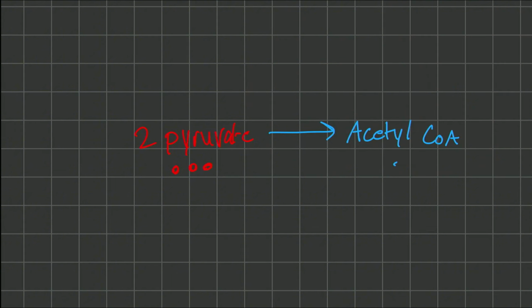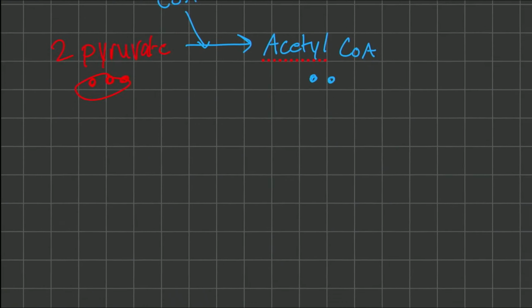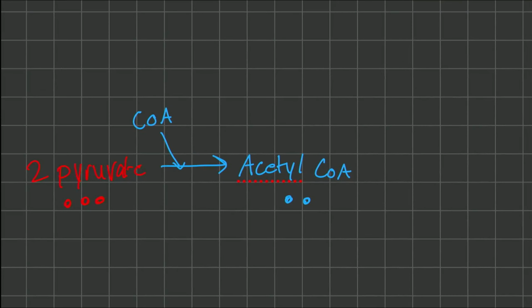In order to do this, the first thing we need is this enzyme that helps us create this reaction and make it possible, called CoA. So coenzyme A basically helps us break down pyruvate, a 3-carbon molecule, into a 2-carbon molecule, Acetyl CoA. And you're probably wondering, where does the 1 carbon go?